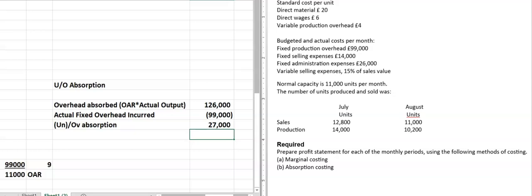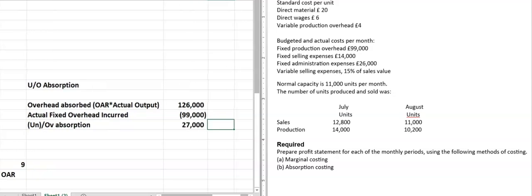Why? Because actual overhead incurred is 99,000, but you have captured already 127,000, which is over absorption. That means you have captured more than the actual, right? So it is called over absorption.